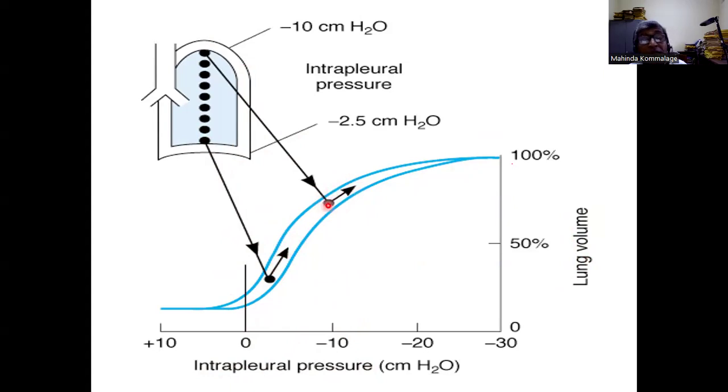So when you learn about compliance, we will talk about pressure change and volume change, or volume change per unit pressure change, that is compliance. You will learn in further lectures. But remember this curve and the shape of this area and this area is not the same.